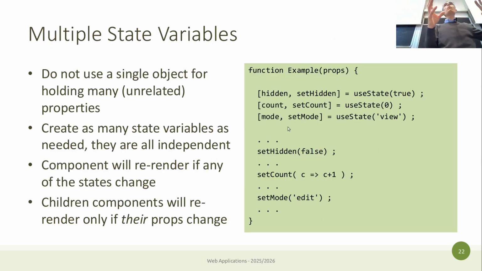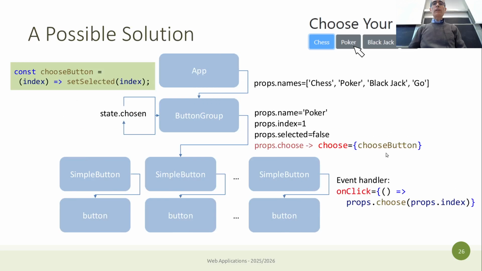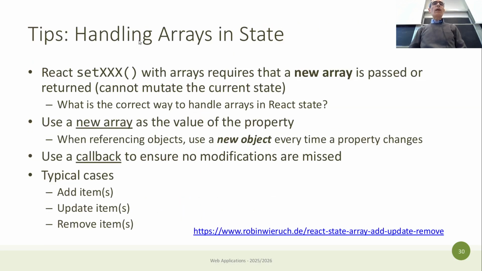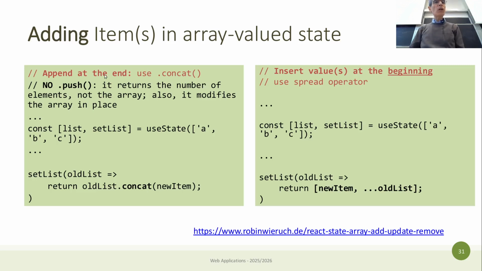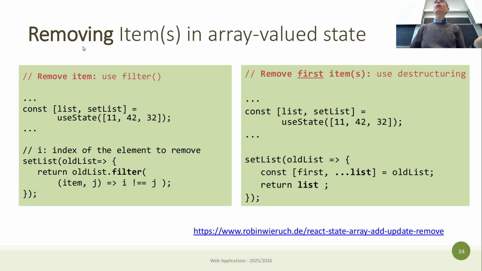If the state is more complex, especially with content that is not related, something like a list of questions and a list of answers, you may want to have two arrays, not two arrays inside the same state in an object, because it's much easier to handle. So typically handling arrays in a state, that's the most difficult situation, but we saw all the difficult cases, so adding, updating, and removing items.